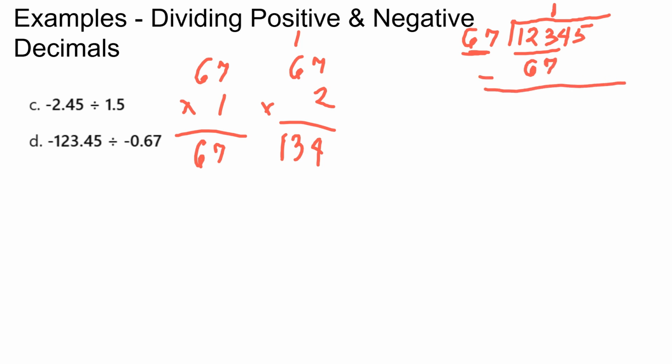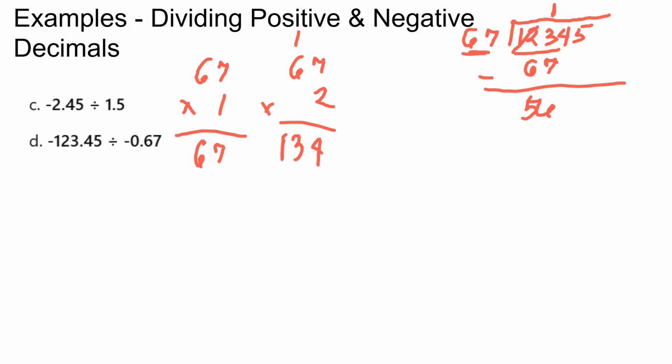Then we subtract. What is 123 minus 67? That would be 56.